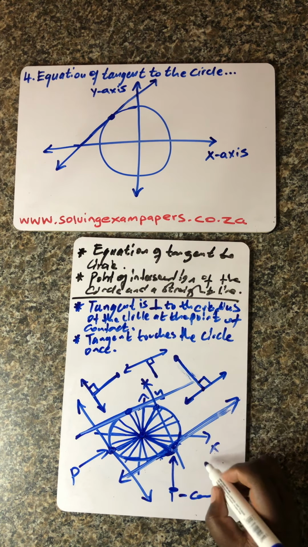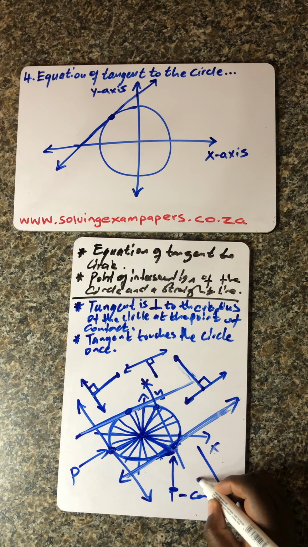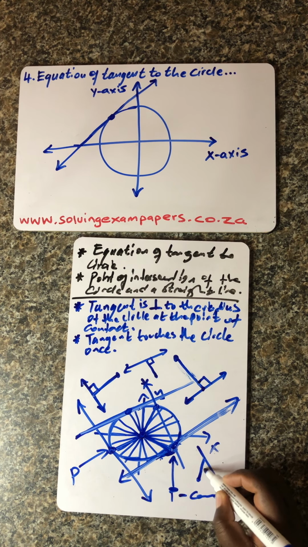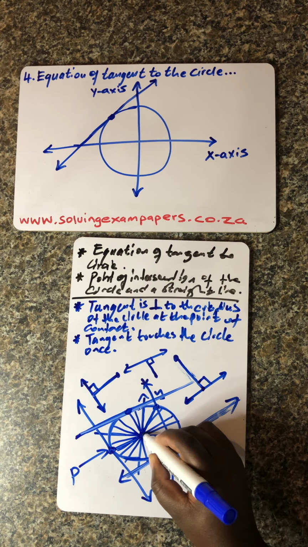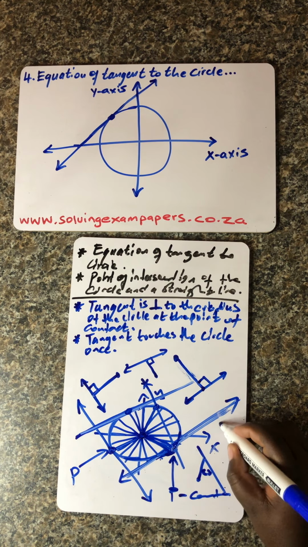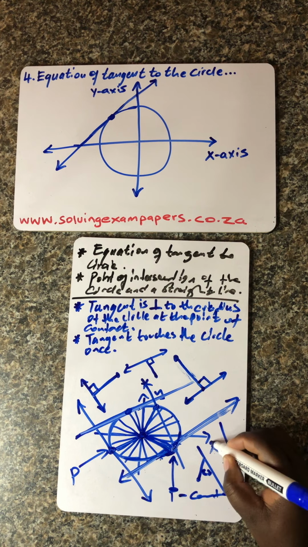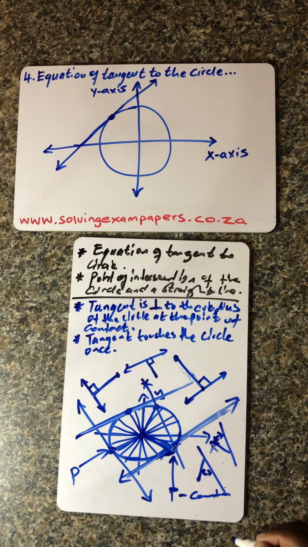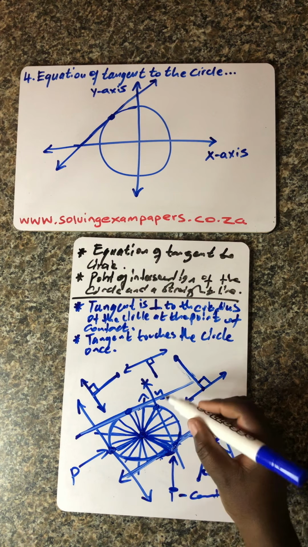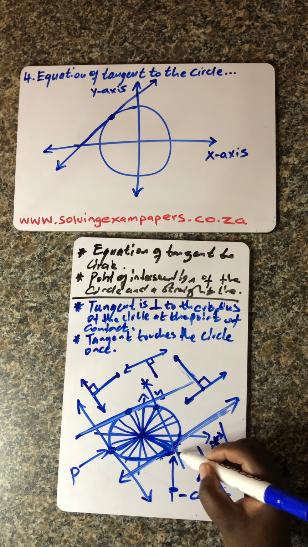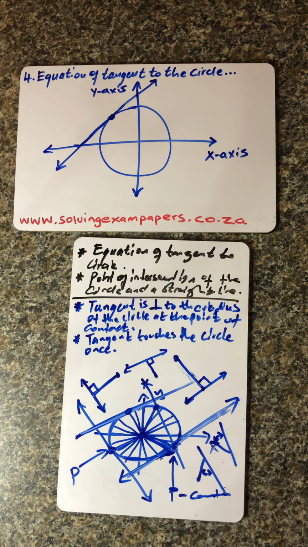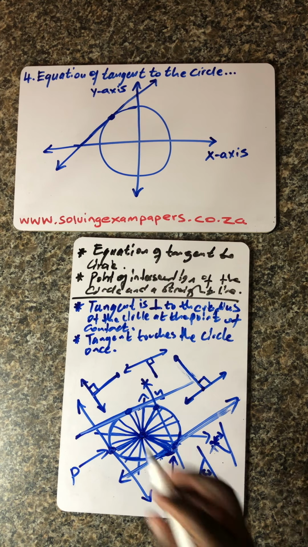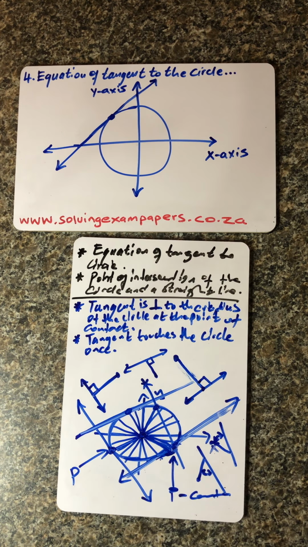There's the center, and it's going to form a certain angle. That's why in situations where you've got a straight line cutting the circle two times, that theorem doesn't apply.